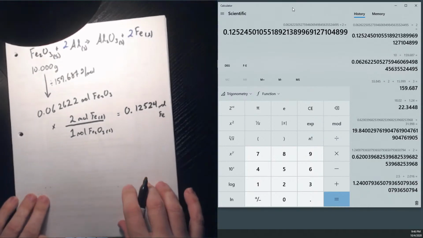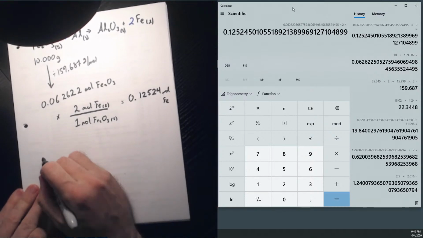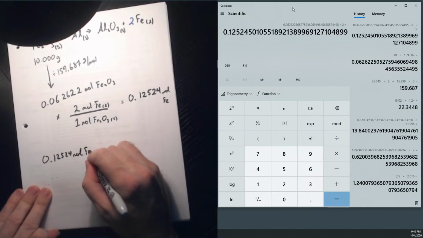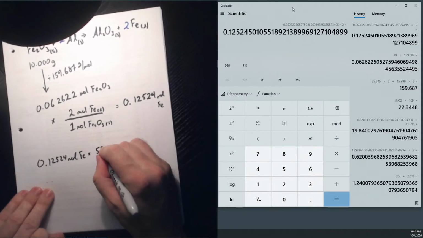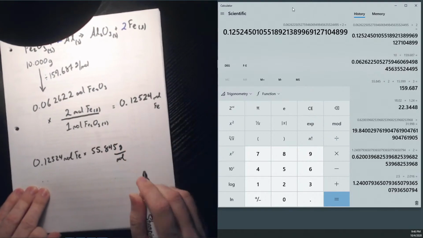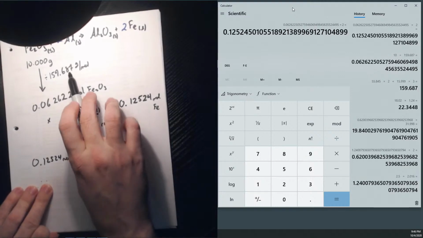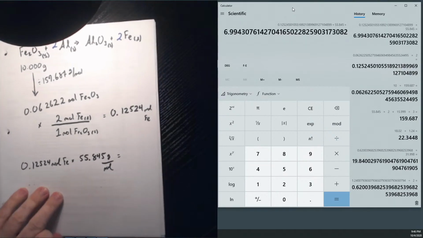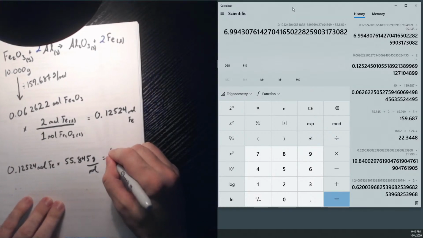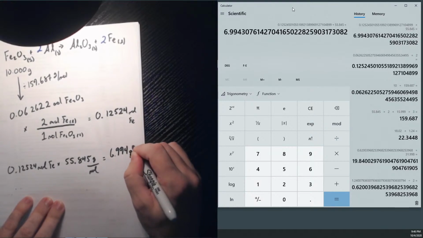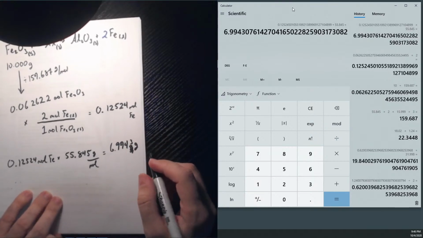And now we can convert that back into mass. 0.12524 moles of iron times 55.845 grams per mole. Just remember, this is iron, not iron 3 oxide, so different molar mass. Meaning we will produce a little bit less than 7 grams of iron.